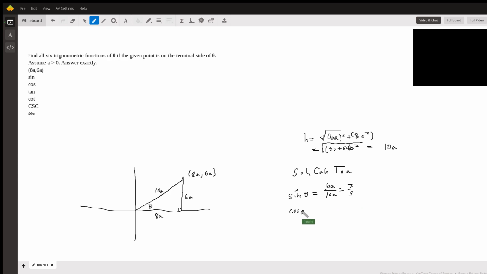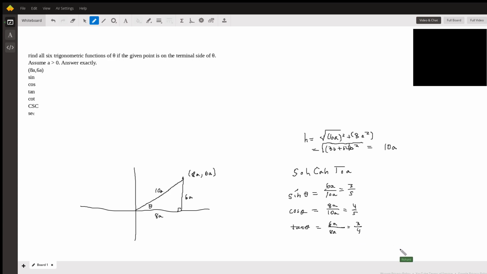Cosine is going to be adjacent over hypotenuse, so that's 8a over 10a. So that's going to be 4 over 5. And the tangent is going to be opposite over adjacent, so that's going to be 6a over 8a, which is going to be 3 over 4.